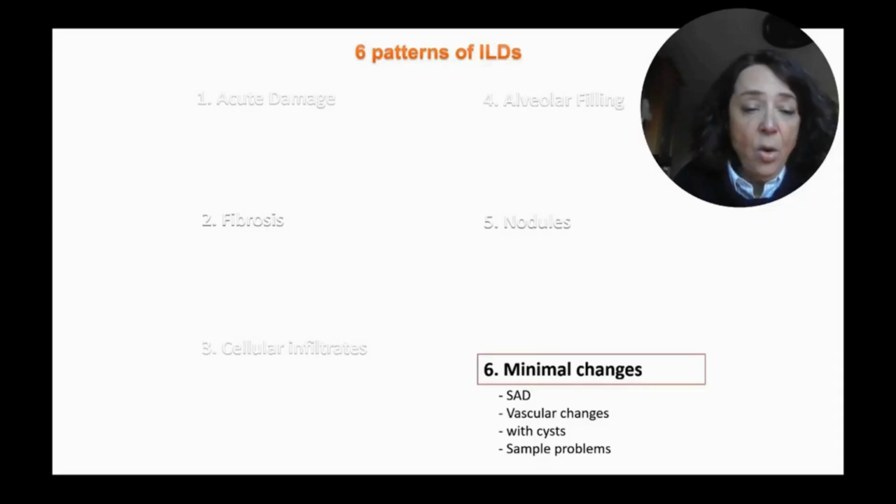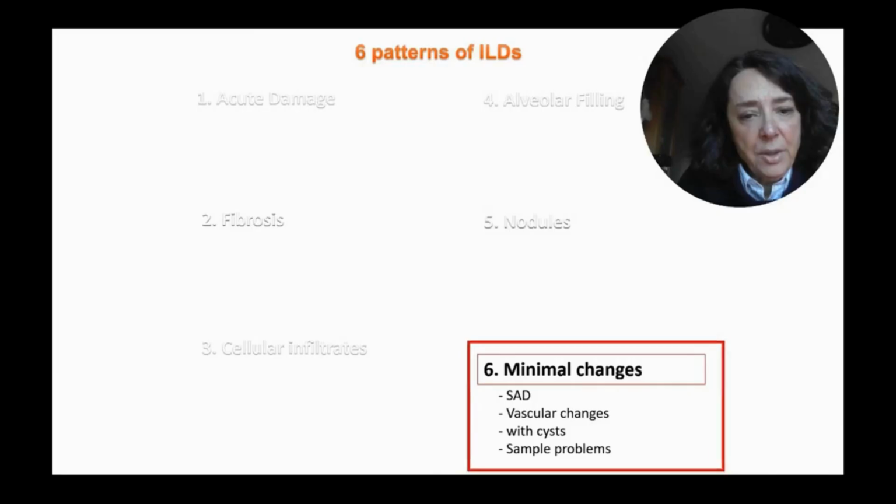But you have to think, is it a problem in the airway, or is it a problem in the vessel? With that, you have to help yourself with special stains, normally EVG, more than trichrome. For me, the EVG is the most helpful stain overall for this kind of changes.